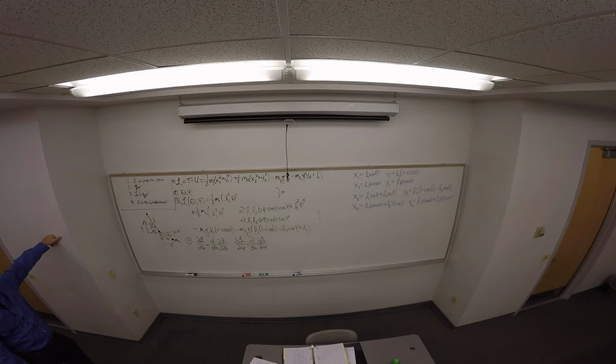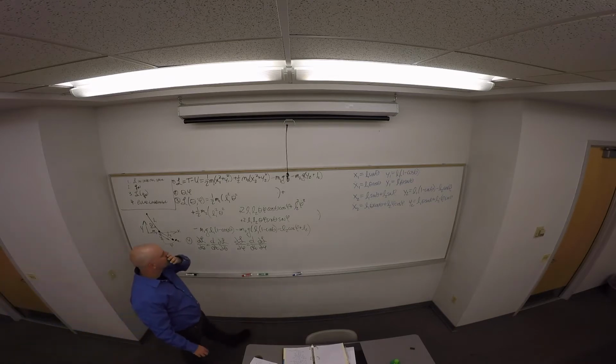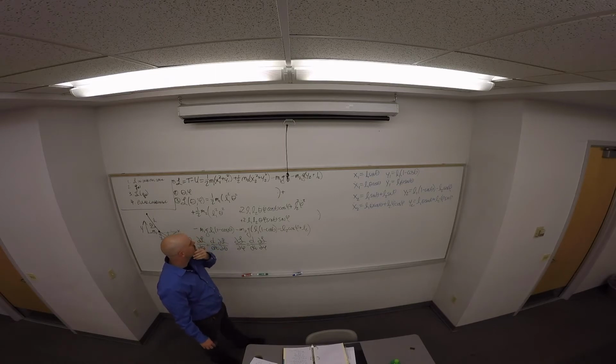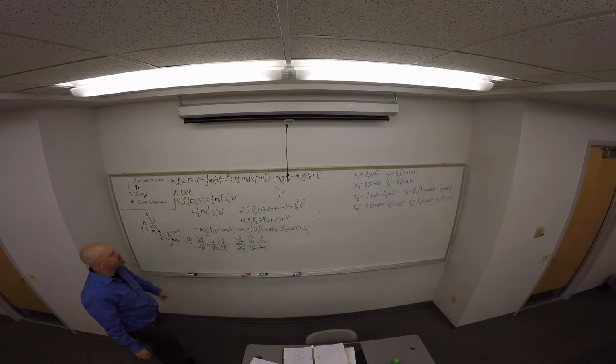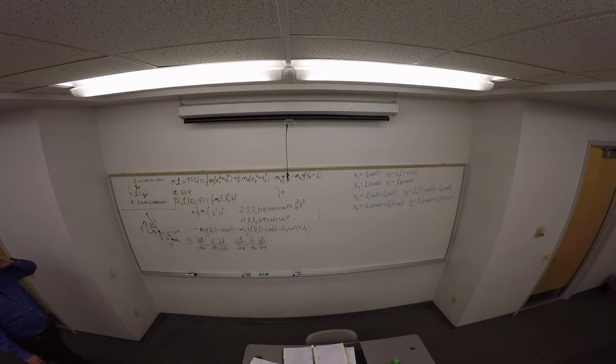Not seeing anything obvious with this big ugly one. I bet if I knew my trig identities better, we could do something. I don't know that it would necessarily help. The problem is that it's cosine cosine, not cosine sine. This is probably cosine of theta plus phi over 2 or something, right?